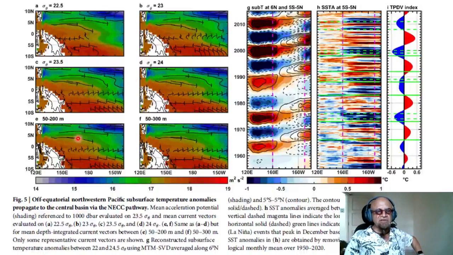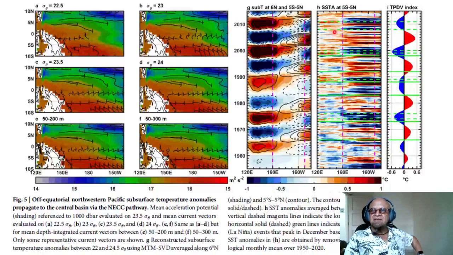So this is near the surface, 50 to 200 meters and 50 to 300 meters, and the propagation is shown as Hovmöller diagrams going from west to east, and time going from 1960 to 2020 or so. So you can see how the propagation happens in time versus west to east, and you can see the phase transition propagating east.